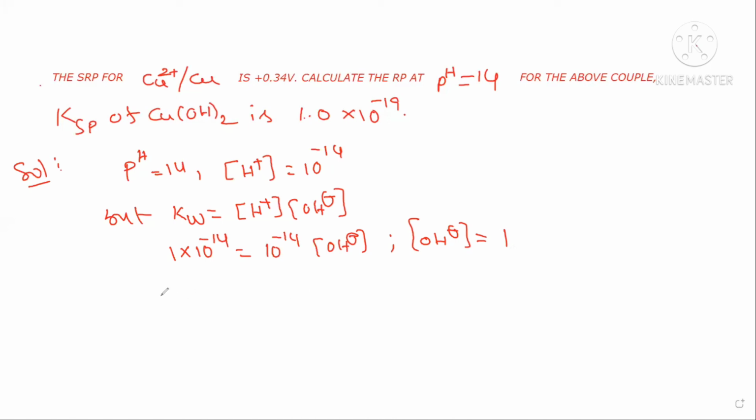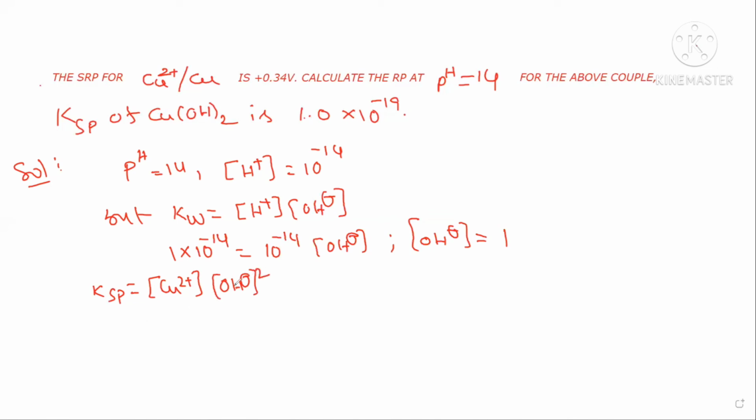The Ksp value of copper hydroxide, Ksp of Cu(OH)2, is nothing but the concentration of Cu2+ ion and concentration of OH minus ion square.